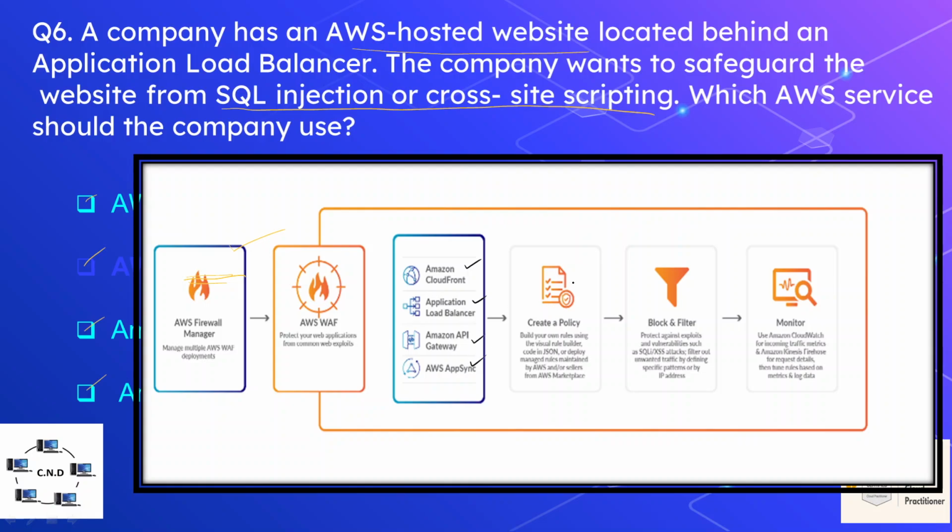And how do you do it? You create a security policy in your WAF, and through this security policy, you block and filter the traffic, and then you monitor the traffic that is being blocked or allowed through. So this is basically the working of AWS WAF. And this is basically deployed or configured through AWS Firewall Manager.